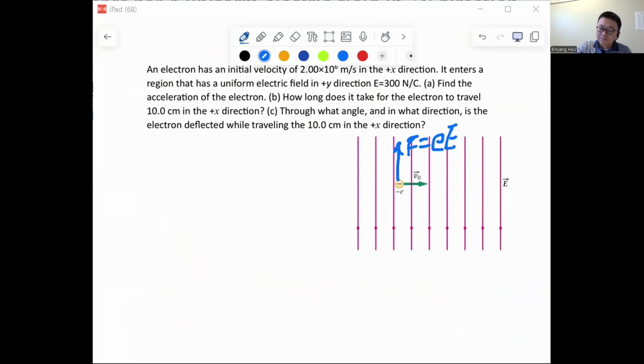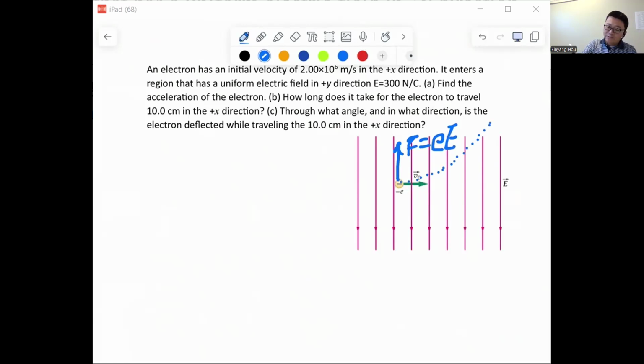So if this were a projectile motion under gravity, this guy would go downward, right? But because this force is now pointing upward, this guy will actually go that way, kind of like that, or close to that, just projectile motion going upward. Okay, so the force is there.